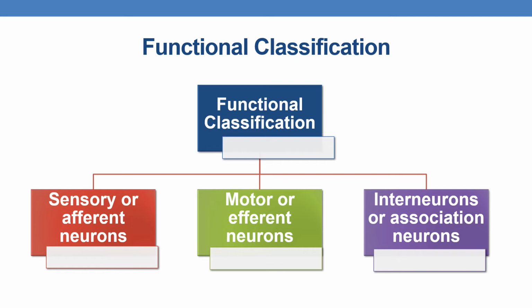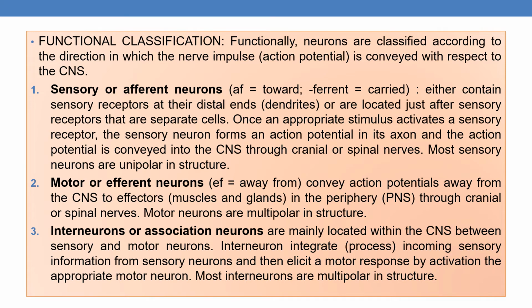Neurons are categorized into three types: sensory or afferent neurons, motor or efferent neurons, and interneurons or association neurons. Functionally, neurons are classified according to the direction in which a nerve impulse, or action potential, is conveyed with respect to the CNS.